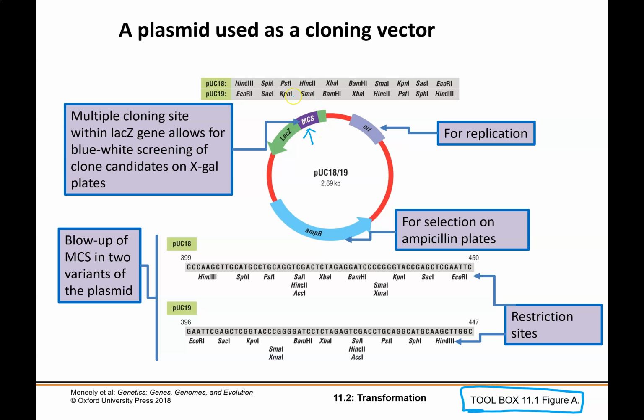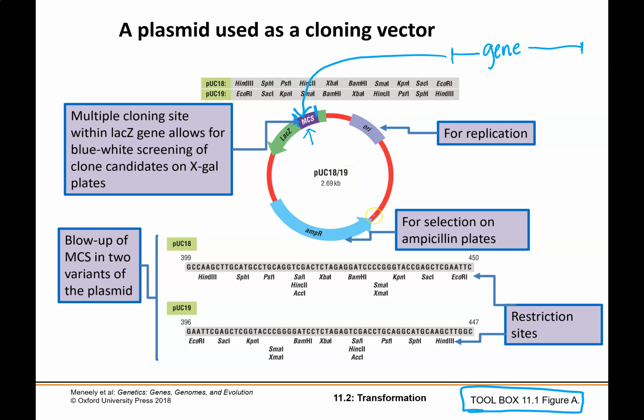This is just a site that can be cut with any one of many restriction enzymes. So we can cut our gene of interest with a particular restriction enzyme. So we've got restriction enzyme site on both sides. We can cut our plasmid with that same restriction enzyme and allow them to anneal or come together. Now, when we do that, we actually interrupt this LAC-Z gene.